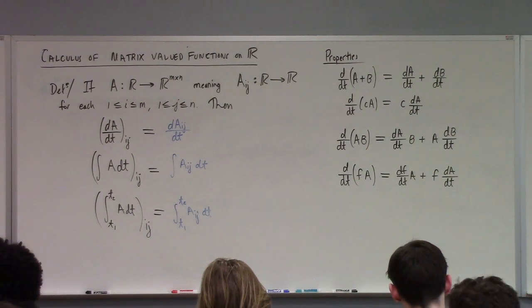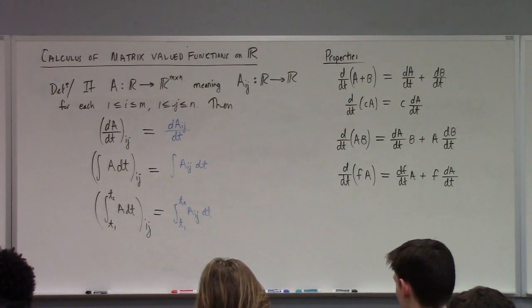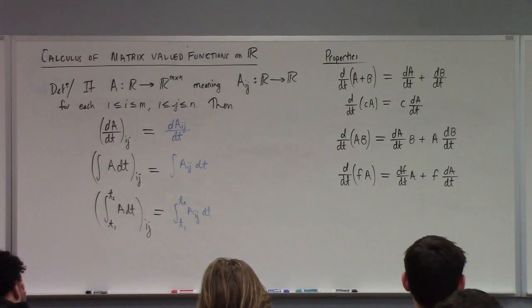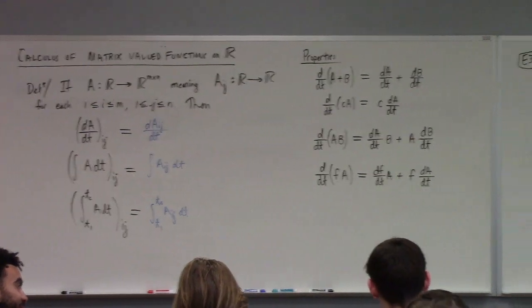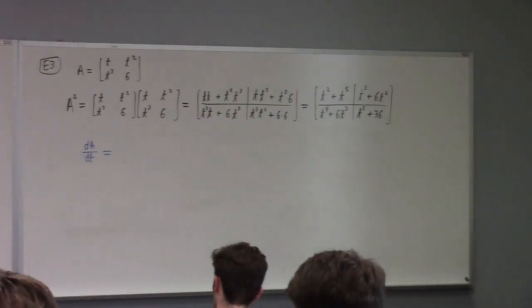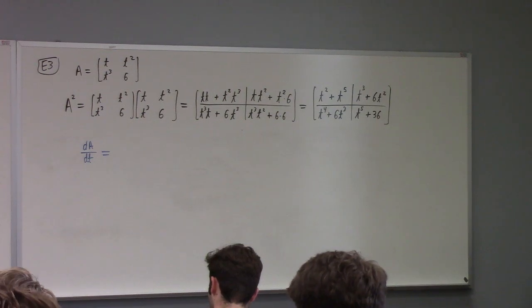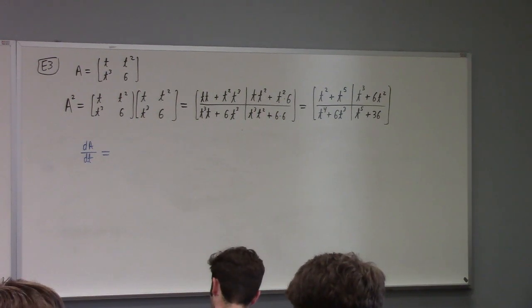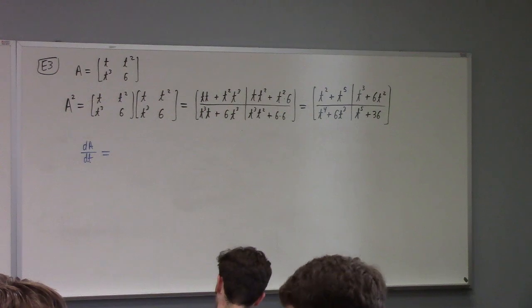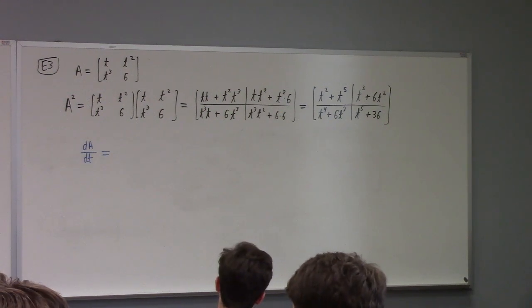Do we add a constant? No, we're differentiating. No adding constant in differentiation. I'm not making you integrate. I'm not a monster. We'll integrate matrices soon enough, but I don't think we need to do it today.